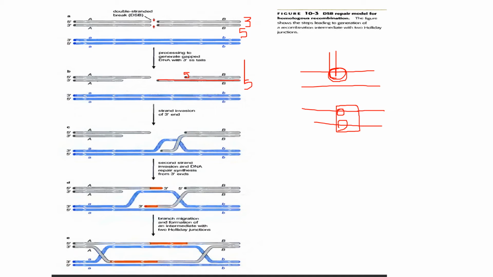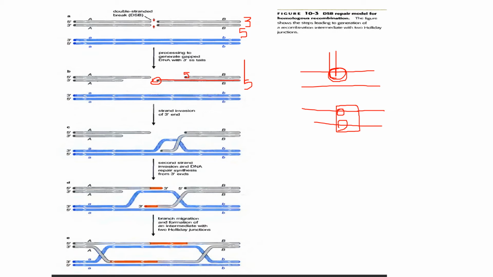One by one the nucleotides are removed in this direction, and that results in formation of the 3 prime single stranded tail.